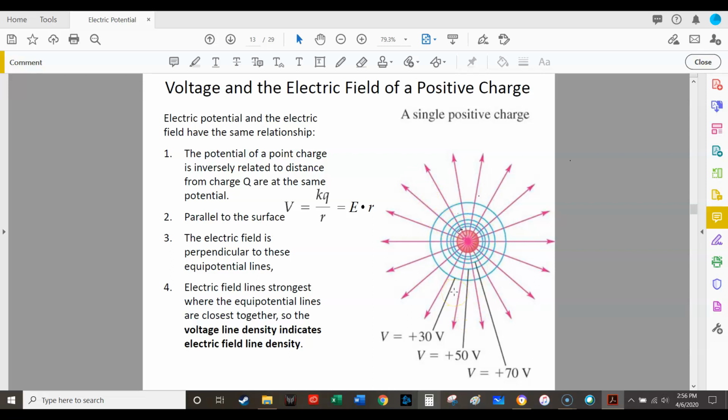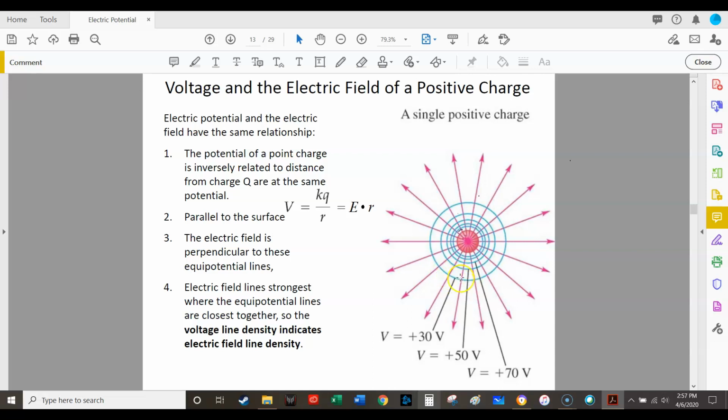If you've ever looked at a topographic map, the difference between the height lines is always going to be the same. So what you'll notice, if you have a map, there may be 100 feet difference between one height line and another height line.